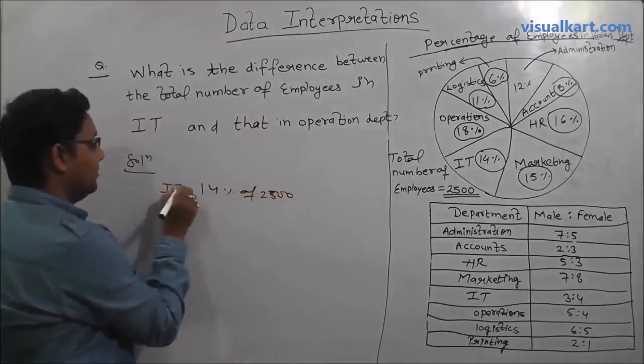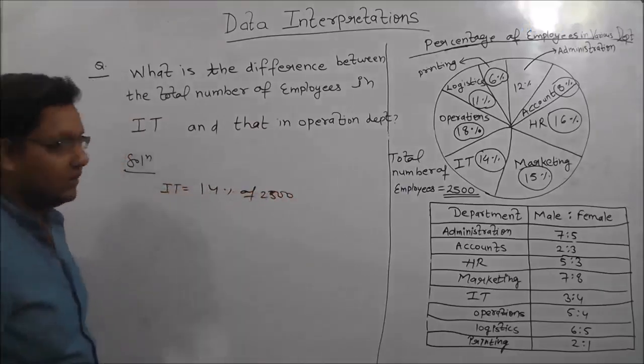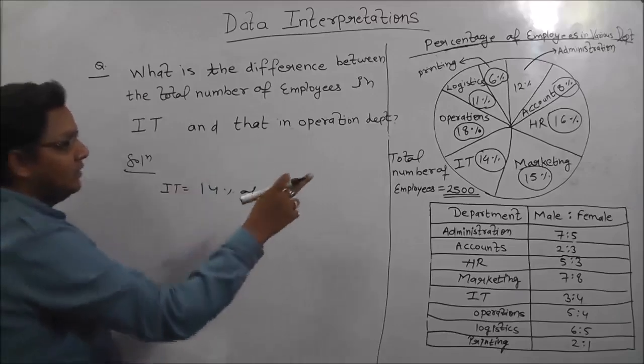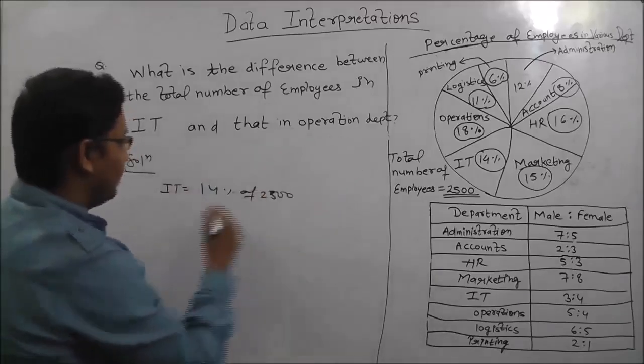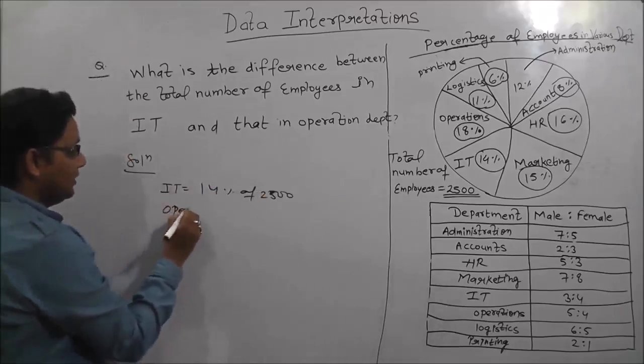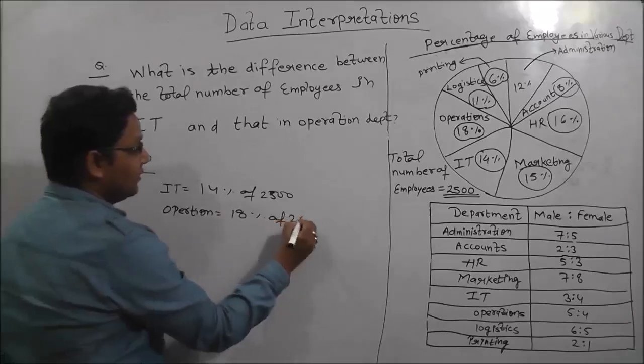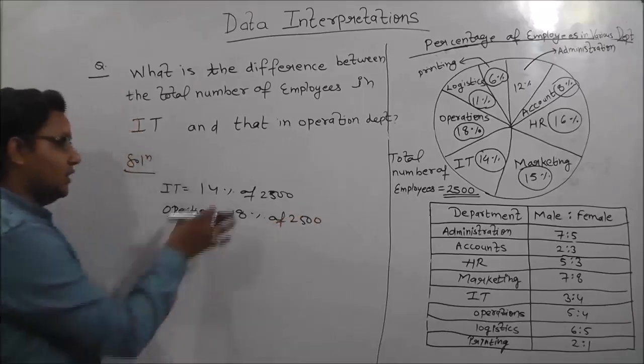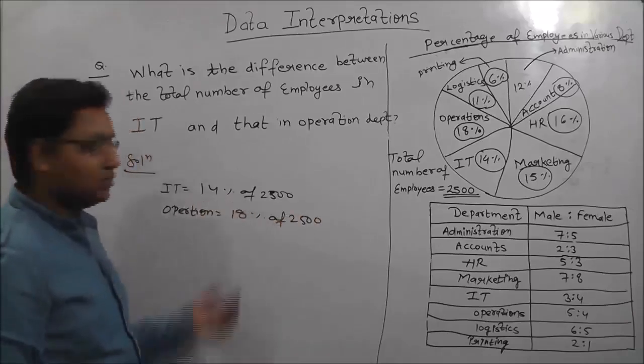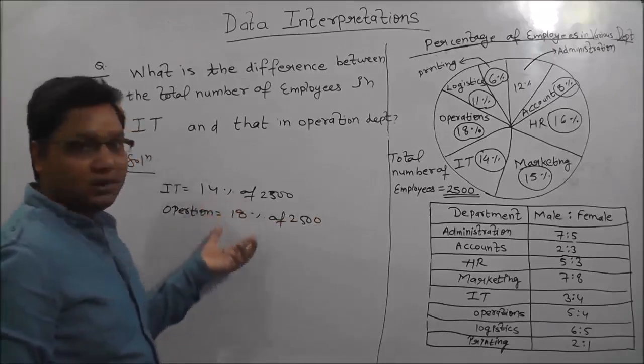In the operation department you can see 18% of 2500. So this is the number of employees. In this step you have no need to solve it.